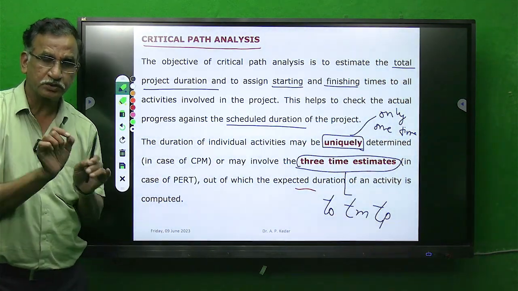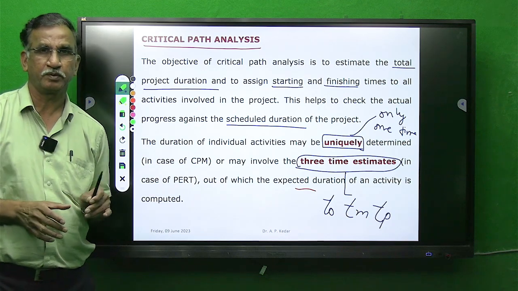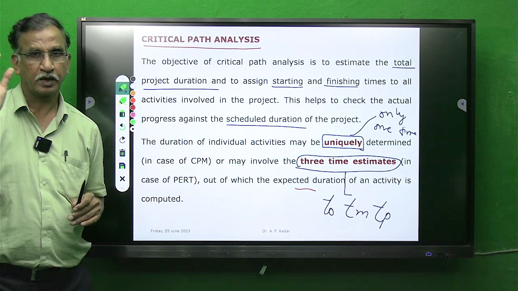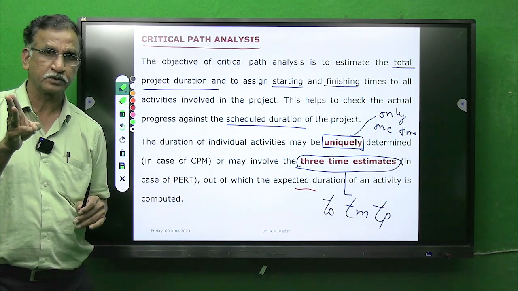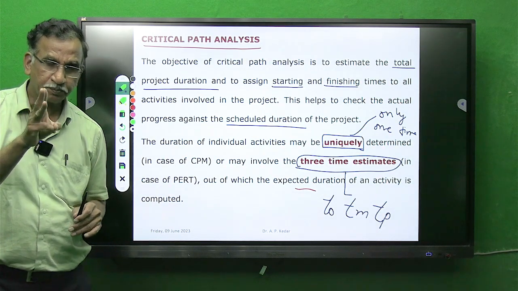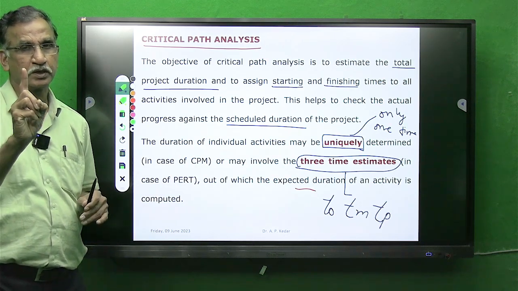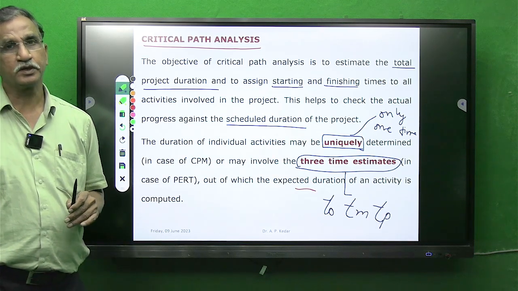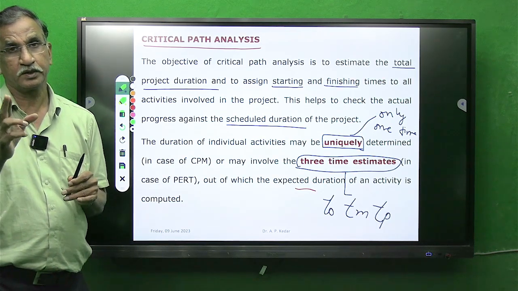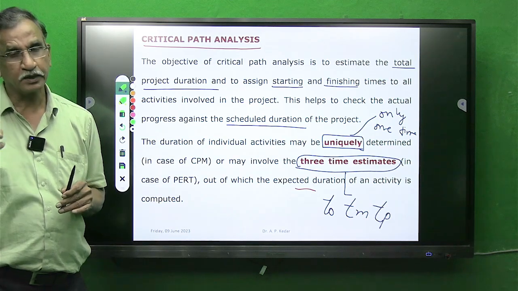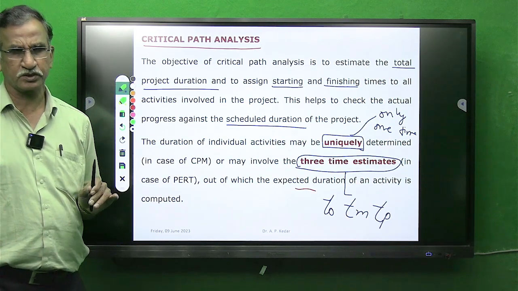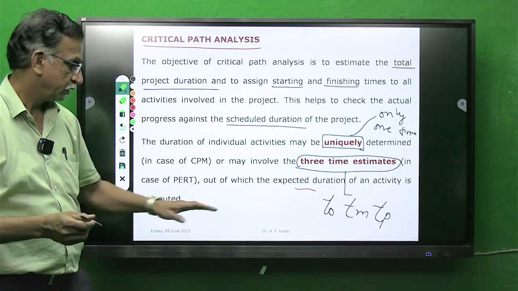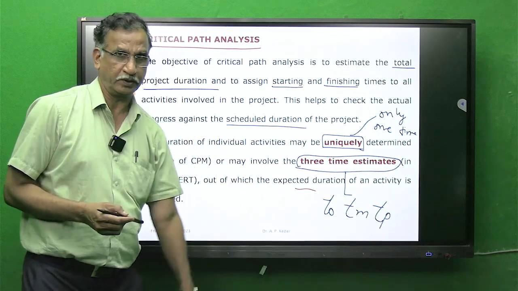So how to distinguish a PERT problem from a CPM problem: any PERT problem will have 3 time estimates for activities, and any CPM problem will have only one unique single time for the activities, because PERT is probabilistic, whereas CPM is deterministic. In deterministic we are sure that this is the only time required, but in probabilistic, which is the case in PERT, we have 3 different time estimates.